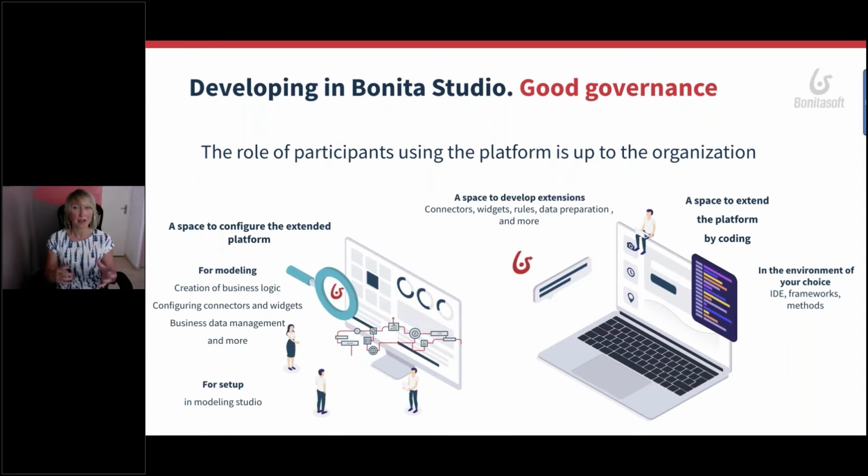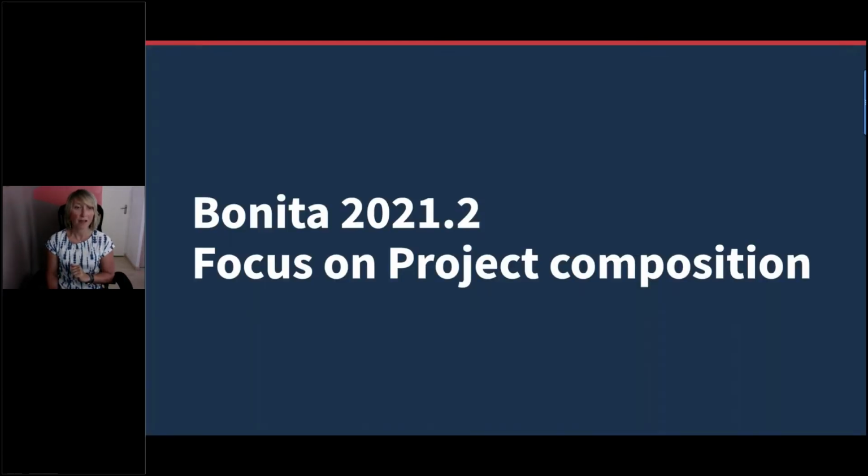We will let them choose their IDE. We offer frameworks and methods to help them, and they have an entire space to develop extensions such as connectors, REST API extensions, actor filters, or themes. And that's exactly what we are going to do now by talking about project composition.